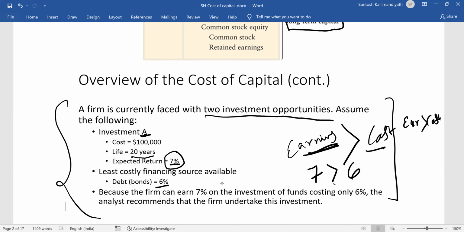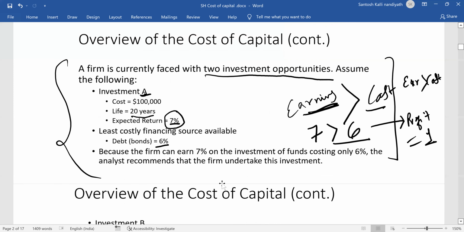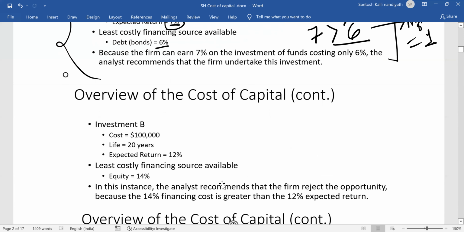So you would profit by 1, correct? So you should accept the project. If it is one individual question, you will say yes. Now this same question is going to continue.